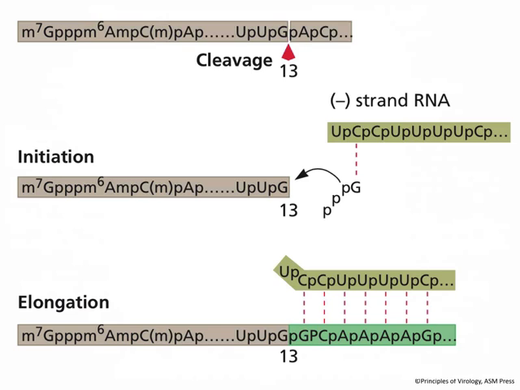The viral polymerase, which is a multi-subunit enzyme, has in it an endonuclease, which can cleave host messenger RNAs to give rise to the primers. So here's one cleavage site, and then you get a primer, a cap with 13 bases in this case, and then that is utilized by the polymerase to prime on negative strand RNA to make messenger RNAs.